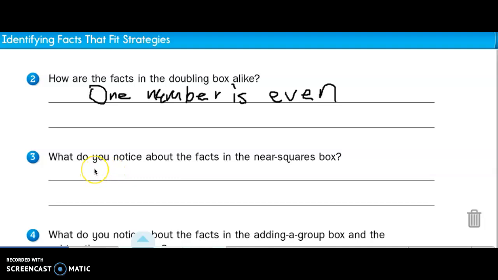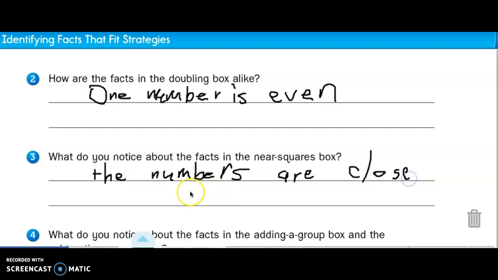So we're going to write that. The numbers, you can write it as well on your paper, are close together.